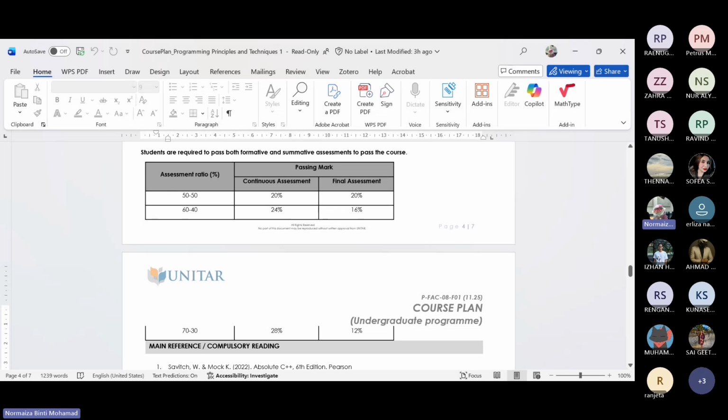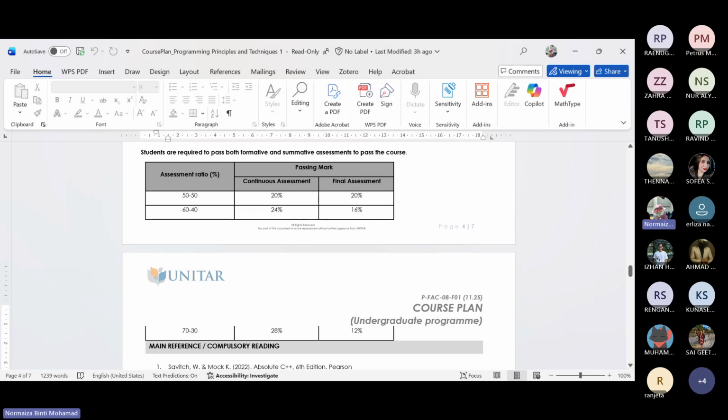And then for your final assessment, that means your final exam, you must get at least 12 out of 30. If the final exam is 100 marks, you must get at least 40 in order to get that 12%. For example, let's say your continuous assessment is already 50, that means you already passed the 40 marks.